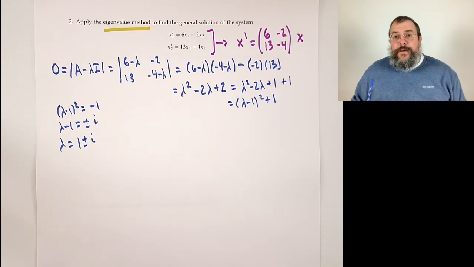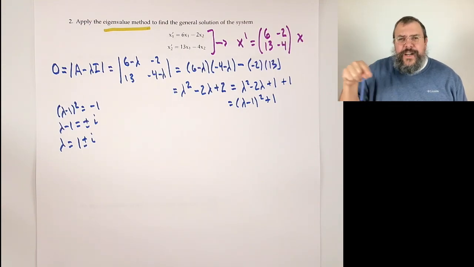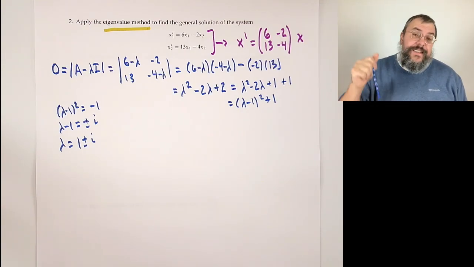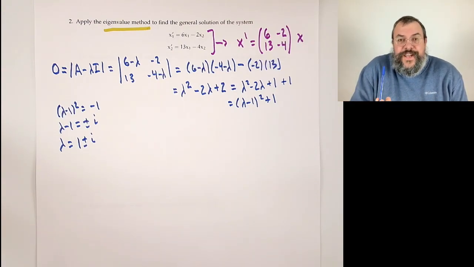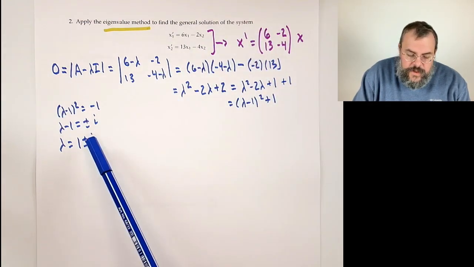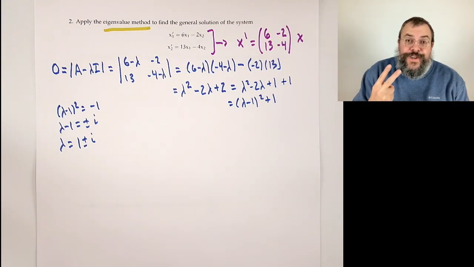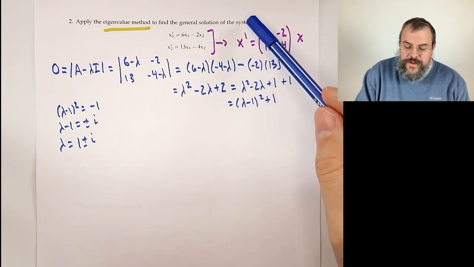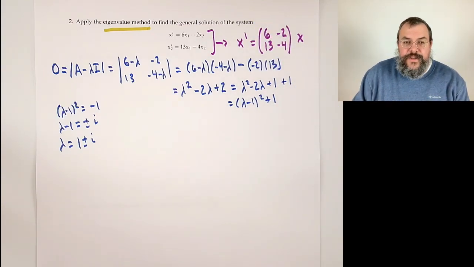Now, one thing we can always do whenever we're doing the eigenvalue method, if we want to double check our eigenvalues, and you should anticipate that the eigenvalues should be nice, even though they're complex, they're still nice. You can say, okay, what do I get when I add 1 plus i and 1 minus i? I get 2. And lo and behold, if you add up the diagonal, you get 2. It's an easy check.